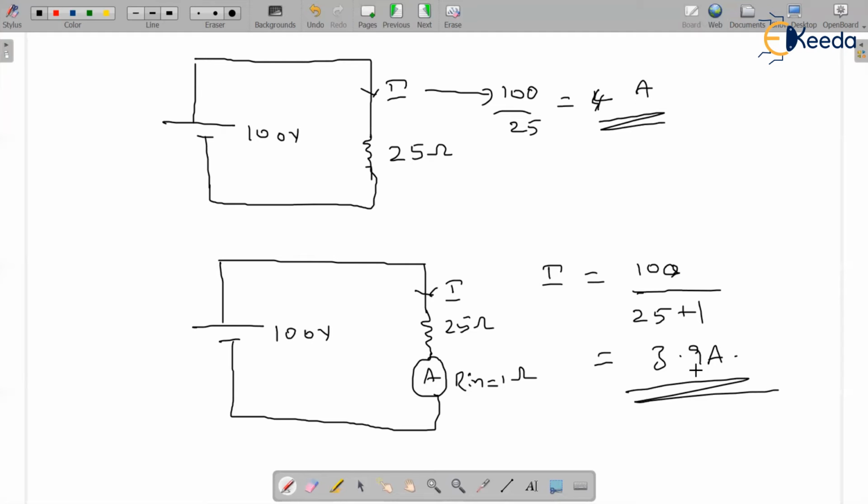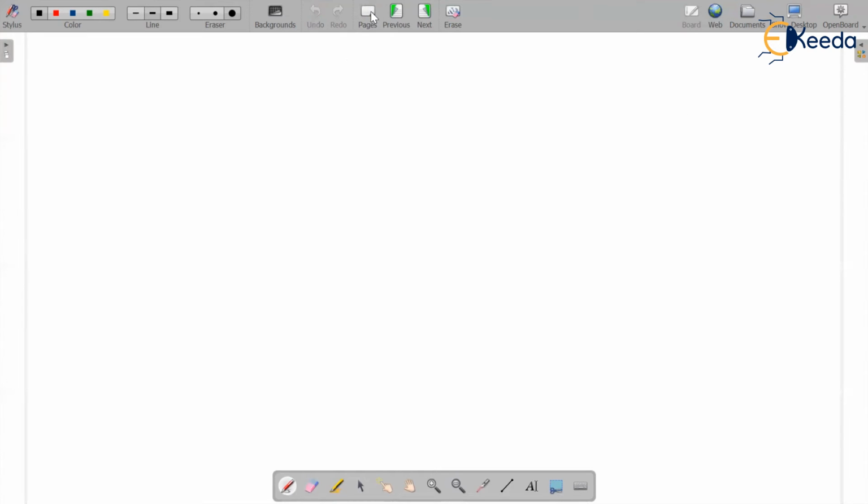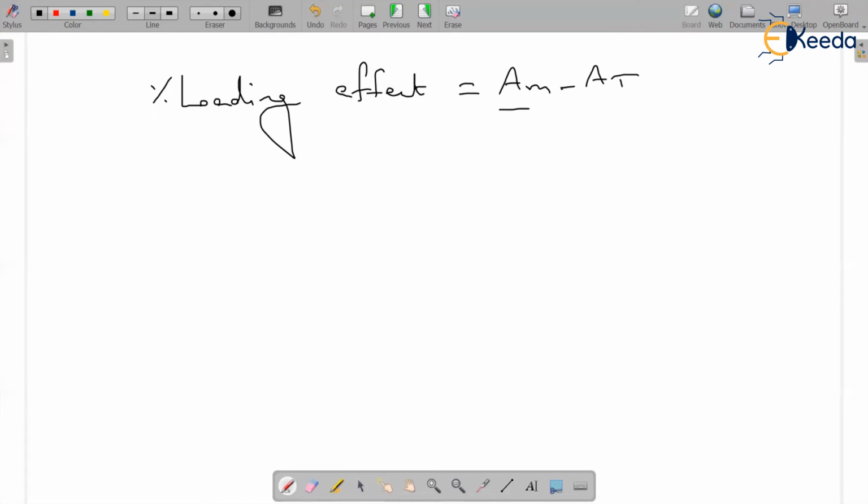So what is the percentage loading effect? I can treat 4 as the true value and 3.9 as the measured value. Percentage loading effect is equal to measured value minus true value, by true value, into 100.